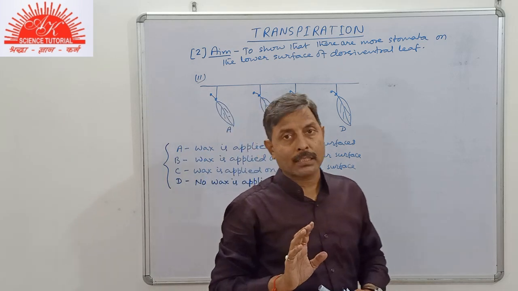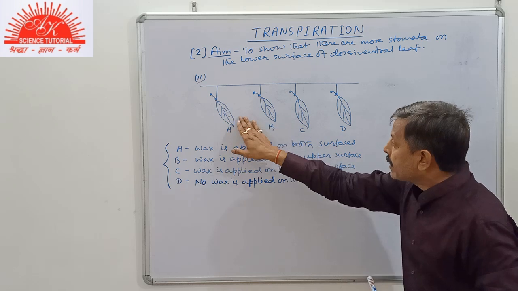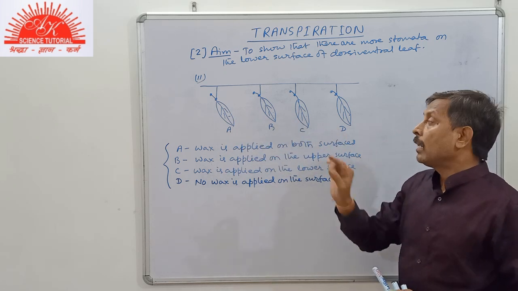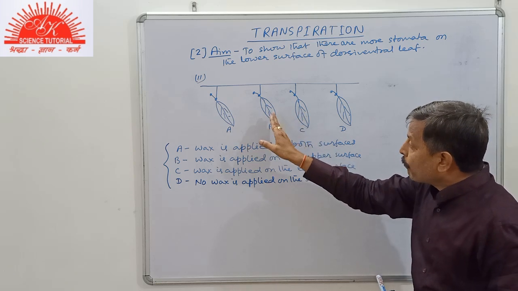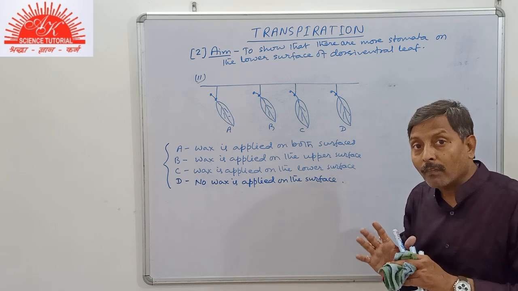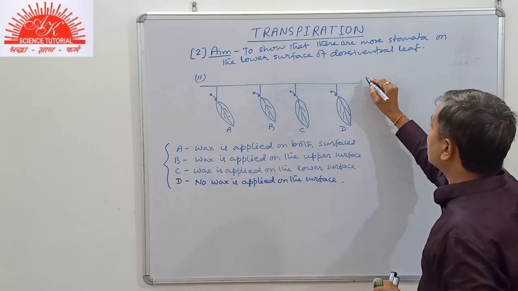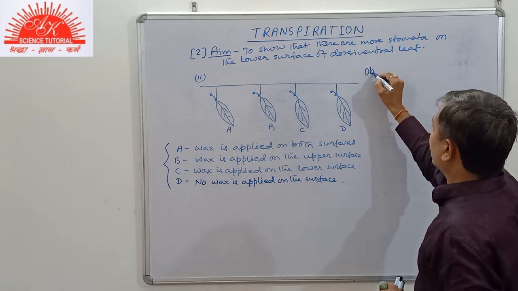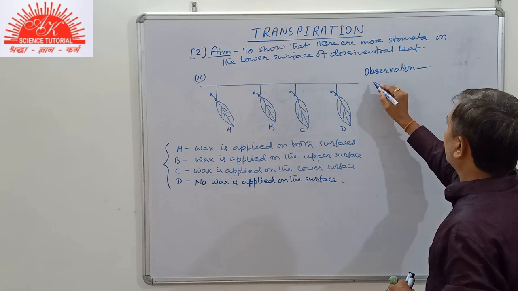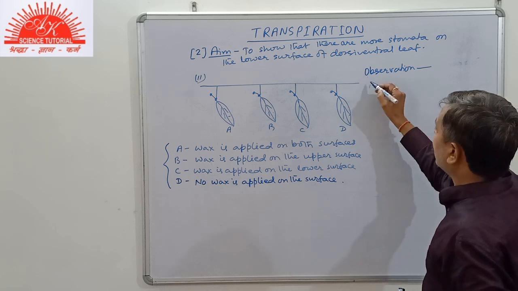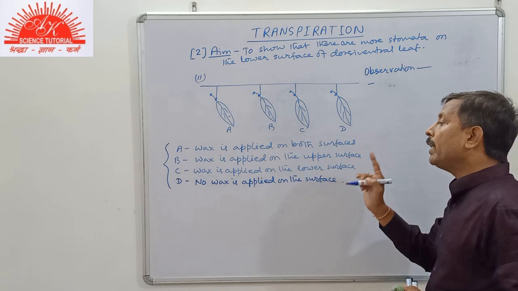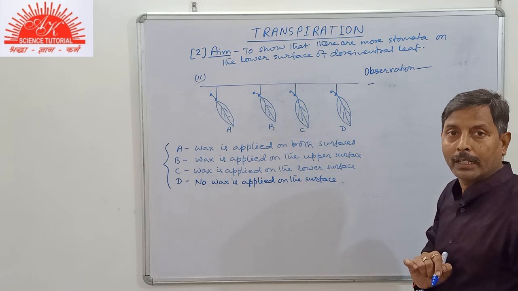After a few hours, we take out the 4 leaves and weigh them again. Their weight is compared with their initial weights, and then we observe. First, the question is asked in which case there is minimum loss in weight.